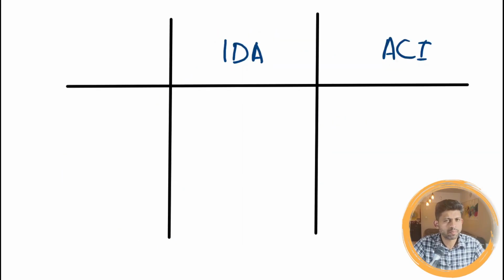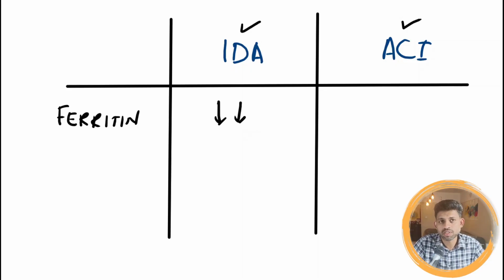Now let's look at some important differences between iron deficiency anemia and anemia of chronic inflammation. Ferritin is markedly reduced in iron deficiency anemia because iron stores are almost empty. Whereas in anemia of chronic inflammation, ferritin is usually increased because iron is present in the body but it's just unavailable and is stuck in its stores.